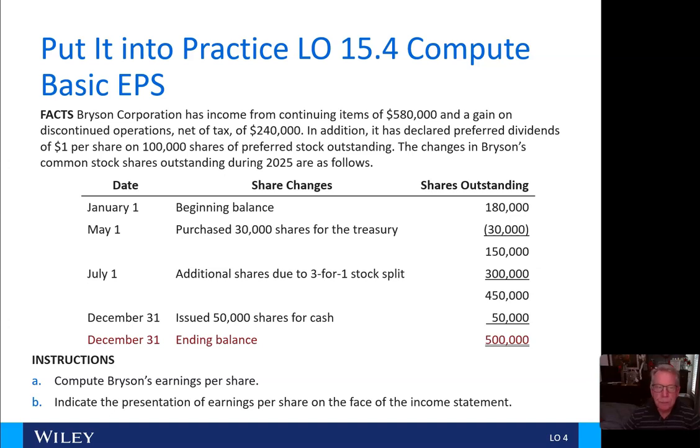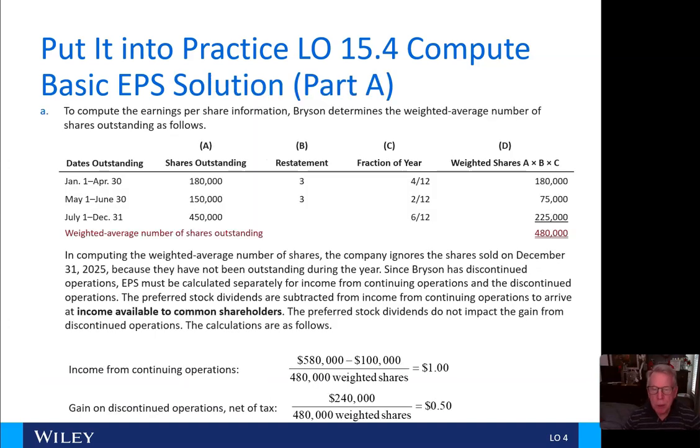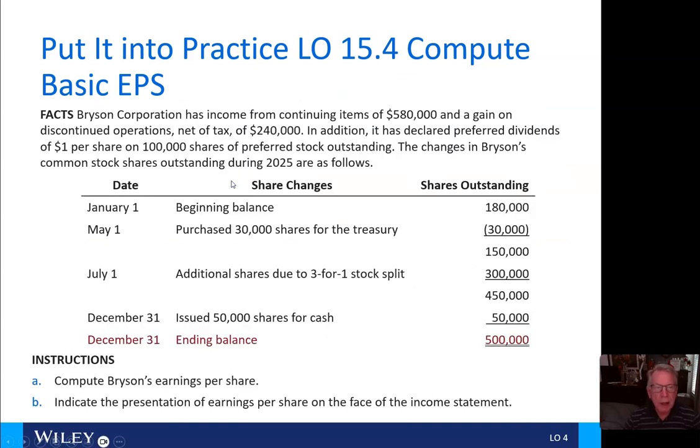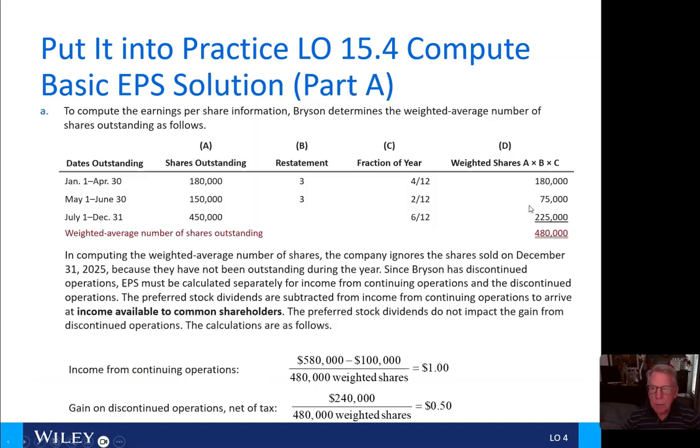Okay, so in computing the earnings per share, here's our outstanding shares of 180,000. Let's go back. Here's that 180,000. And it went through April 30th, so that's 4 months of the year. So we'll weight that.